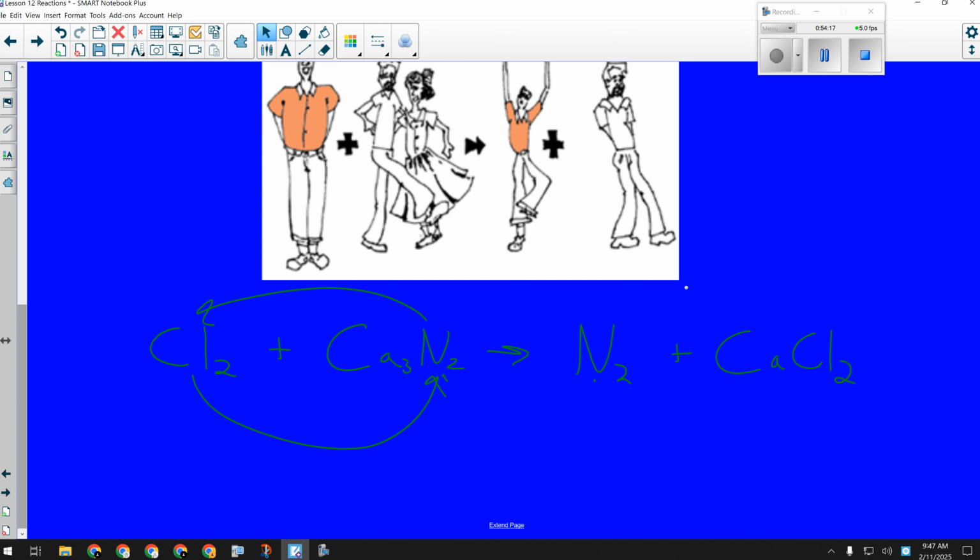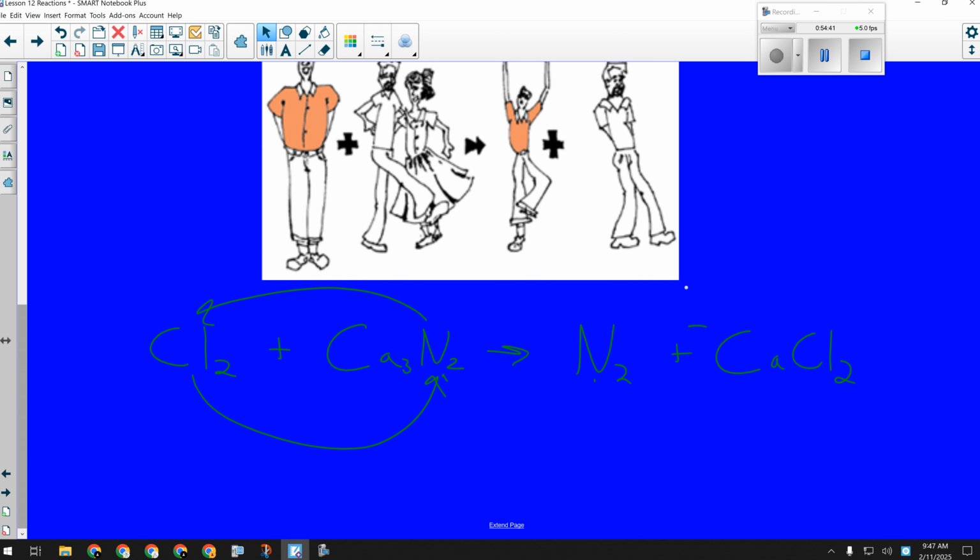Is this reaction balanced? It's not. So, since it's not a combustion reaction, I start with the biggest number. Okay, what's the biggest number? 3. All right, so there are 3 calciums over here. How many over there? 1, so what needs to go here?